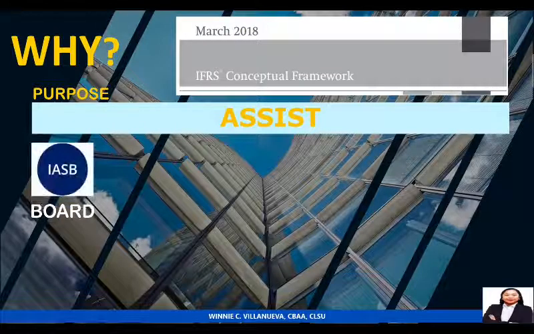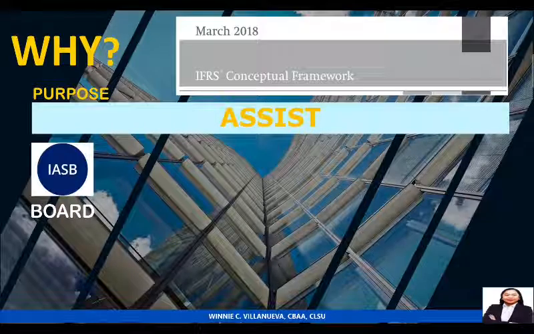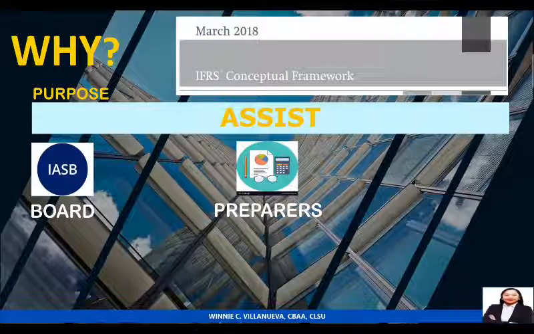The first one is, of course, the board. Yes, it is the board. And of course, you should also include the IFRIC, the Interpretations Committee. And then we have the preparers.